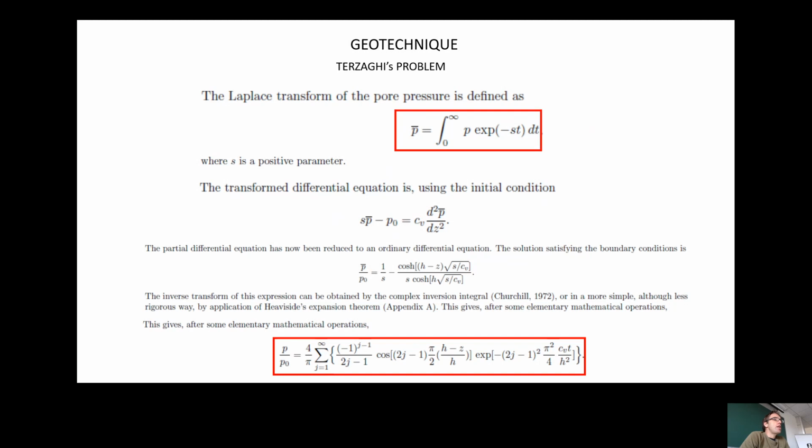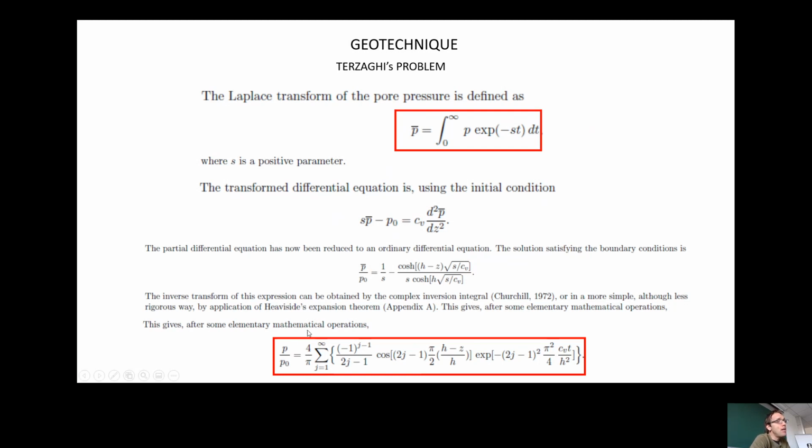So the partial differential equation can now be reduced to a very simple differential equation by introducing the boundary conditions. At this point, we can write, skipping some passages, the inverse transform of this equation by considering the complex inversion integral. I don't want to enter into too many details, but at the end, we obtain this formulation.